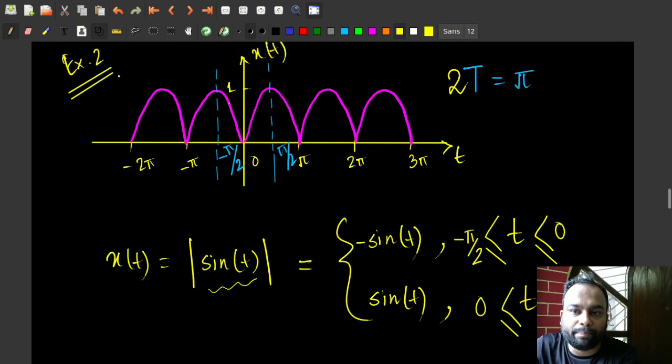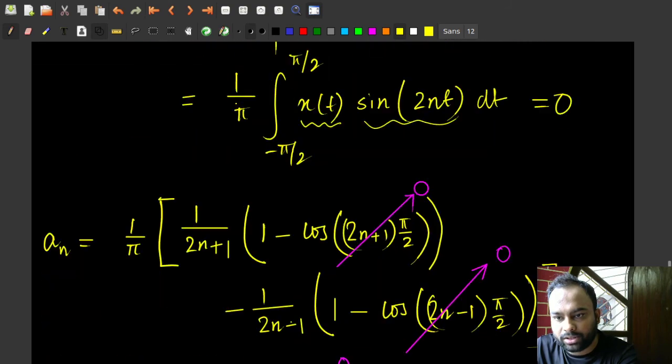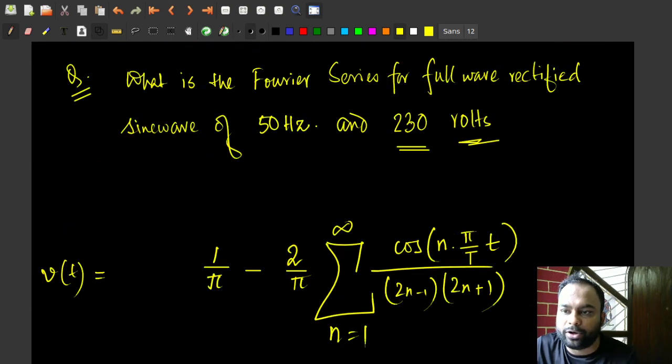This sinusoid has a peak amplitude of 1. Look carefully, it had a peak amplitude of 1. So we just have to multiply the amplitude here. What is the amplitude here?